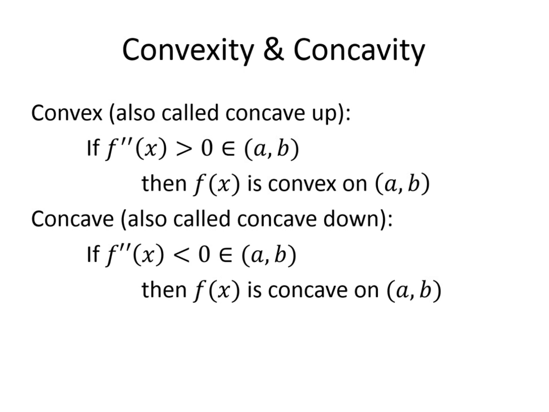I find that a little easier to remember just because the shape of a convex function is a U shape. The shape of a concave function looks like an upside down U or a lowercase n. And so you understand now why we would call convex portions of the function concave up versus concave portions of the function concave down.